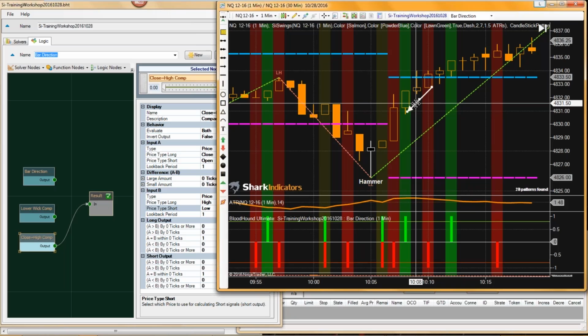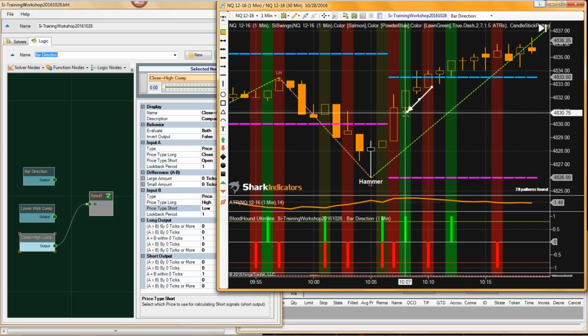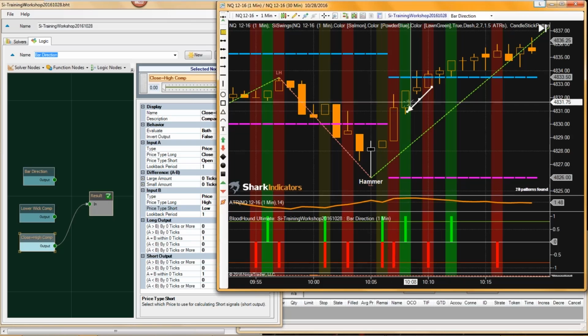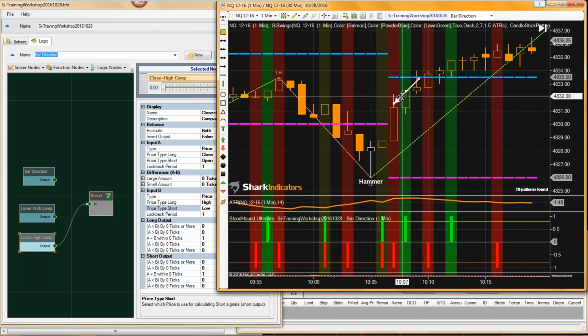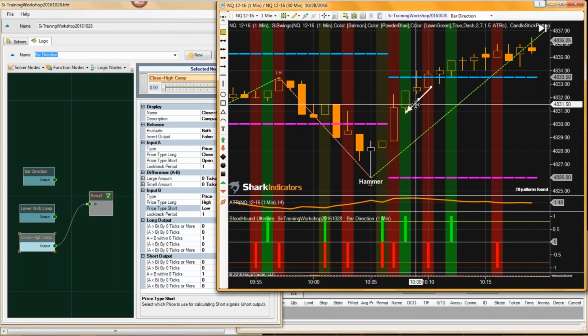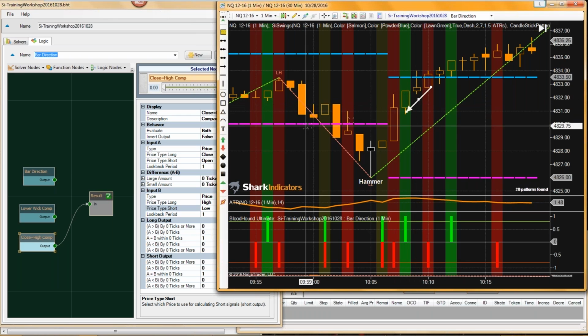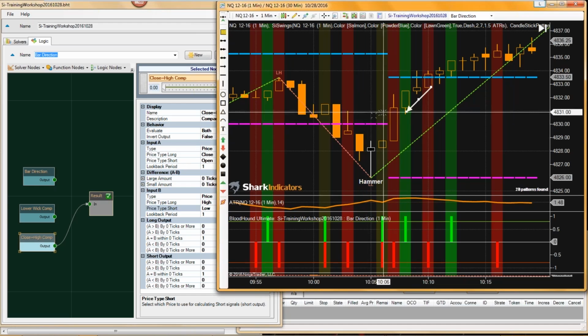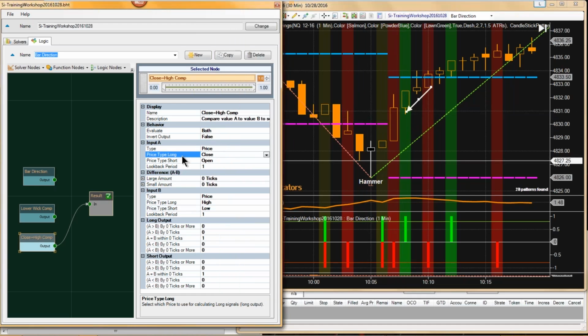If you're interested in reversing the long and short output, so maybe if it has a high wick you want a long, and if it has a low wick you want a short, all you need to do is reverse your prices here.